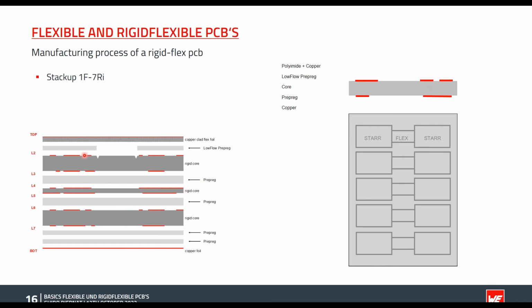It's the transition from rigid to flex. You can see the detail. You can see the score, or groove, made with the milling tool on the core, only the core L2, L3, down to the flex layer.